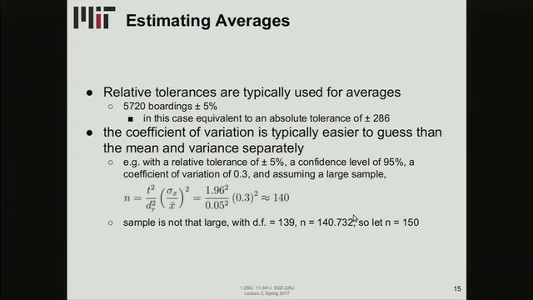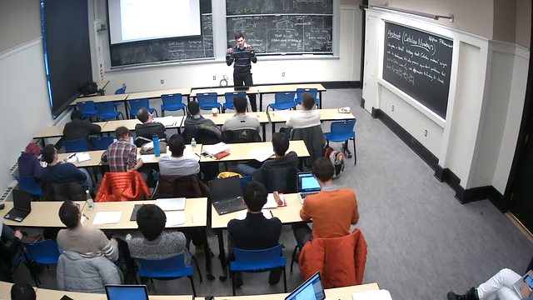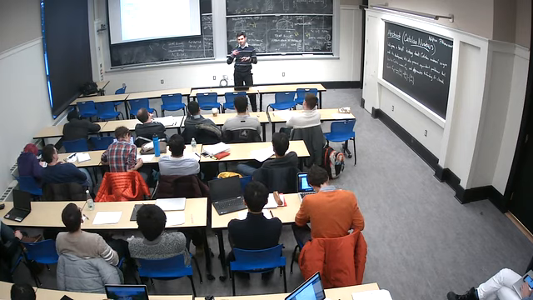Here's an example using the t-distribution, where the sample is not large enough to assume a normal distribution. So we say, let's have a relative tolerance of plus minus 5%, a confidence level of 95%, and a coefficient of variation of 0.3. We start out assuming a large sample, therefore degrees of freedom is infinity. We can use the normal distribution.